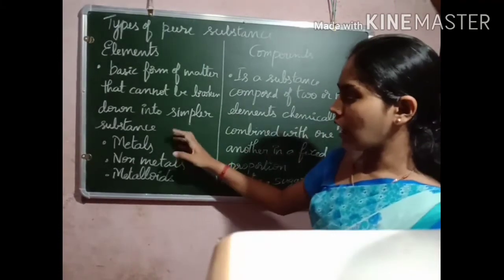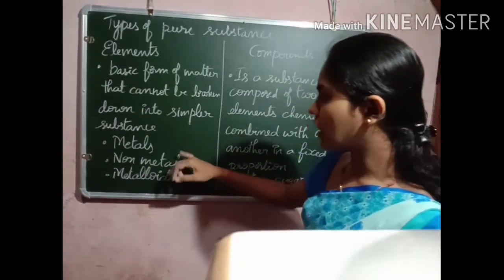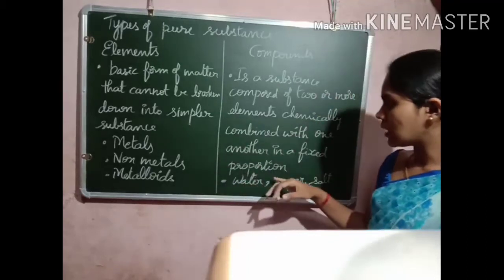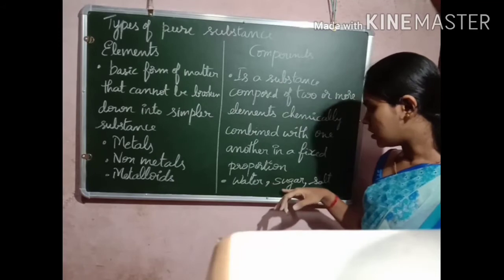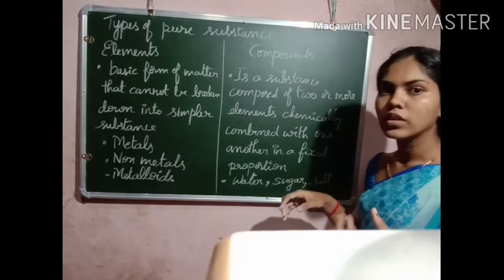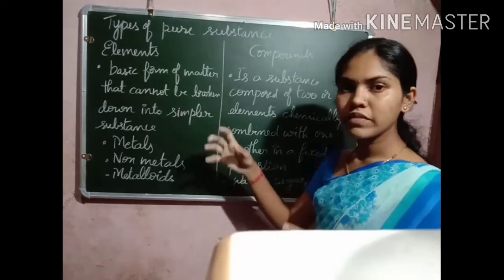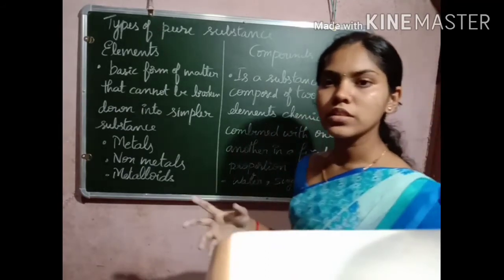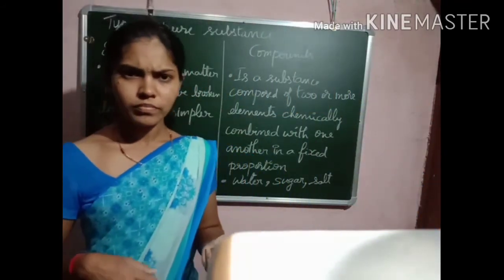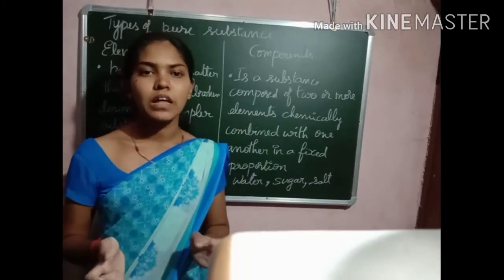When you combine these elements, you will get compounds. Which are they? Water, sugar, and salt. They contain different elements: sugar, salt, water, carbon dioxide, nitrogen oxide, and sulfur dioxide.